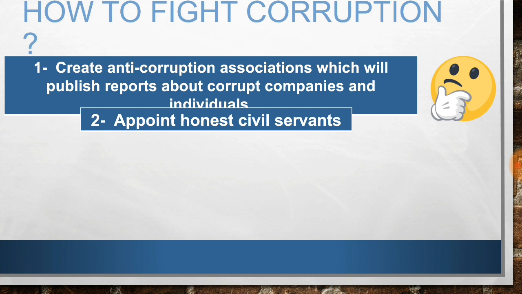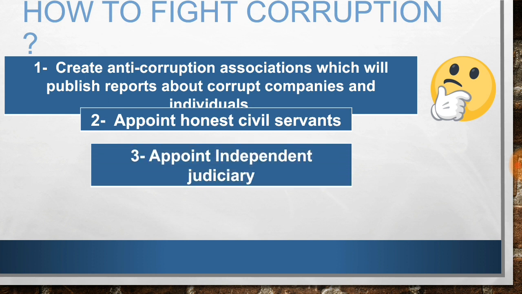So appointing honest civil servants will help make an end to corruption. Number three, appointing an independent judiciary. This is a very important step for fighting corruption, because corruption is widespread in countries whose judiciary is not independent, whose judiciary is dependent.